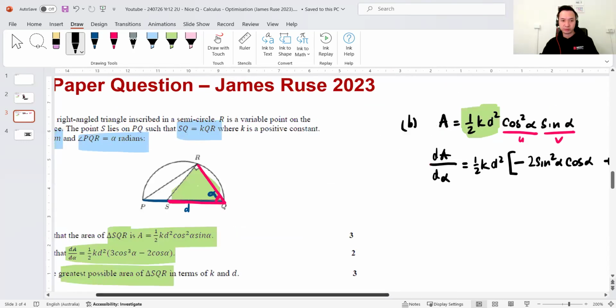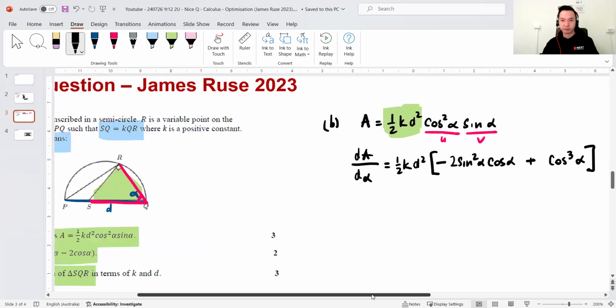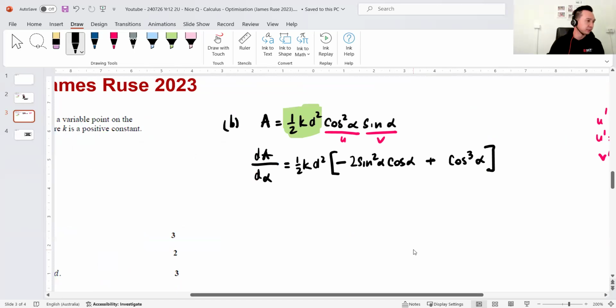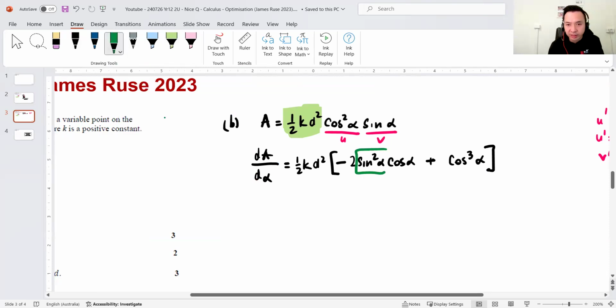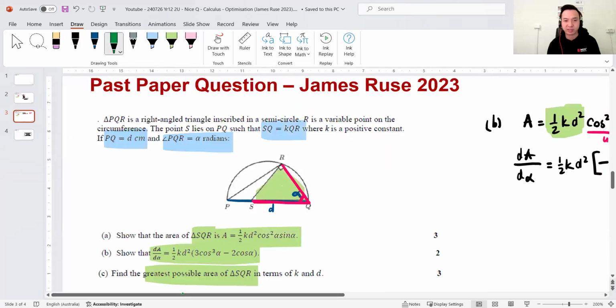What do I do? Oh, they probably use a bit of identities, right? So just got to apply a bit of identities to this bit. Because the thing that they want me to prove has no sines, just cosines. So I can see there's a sine squared there.